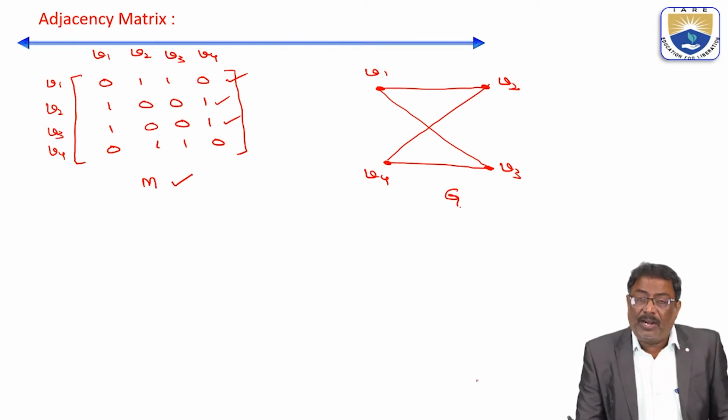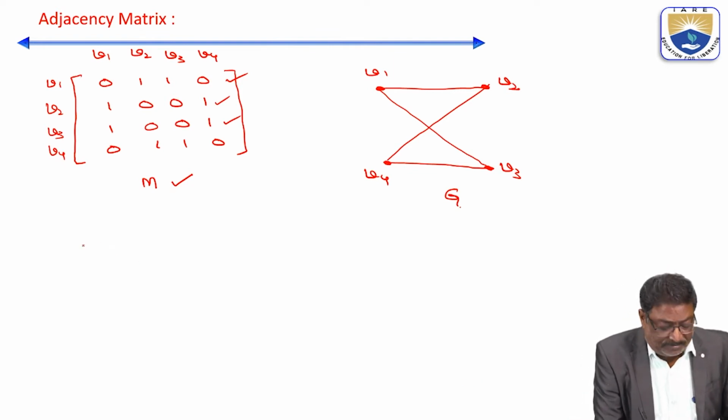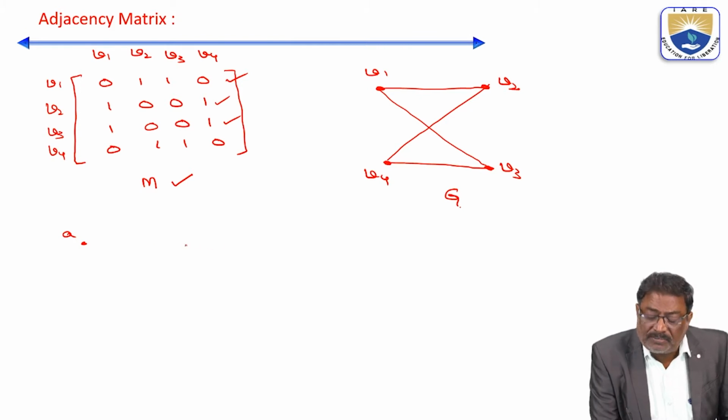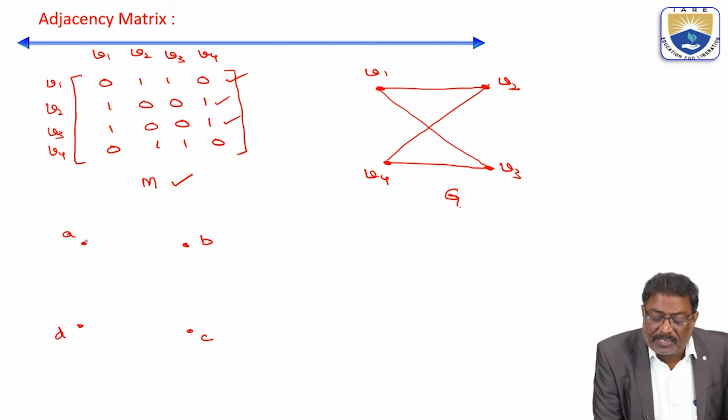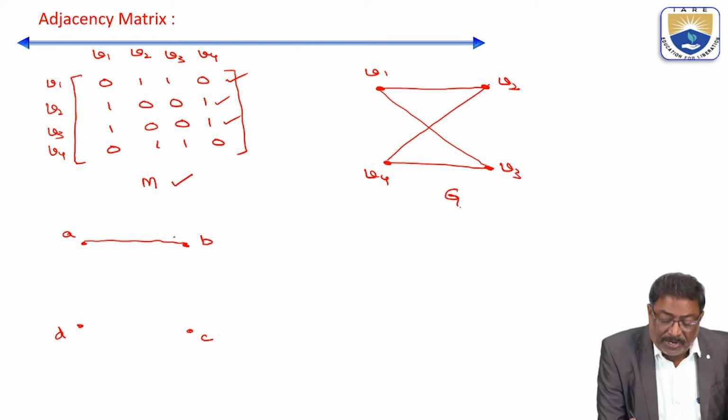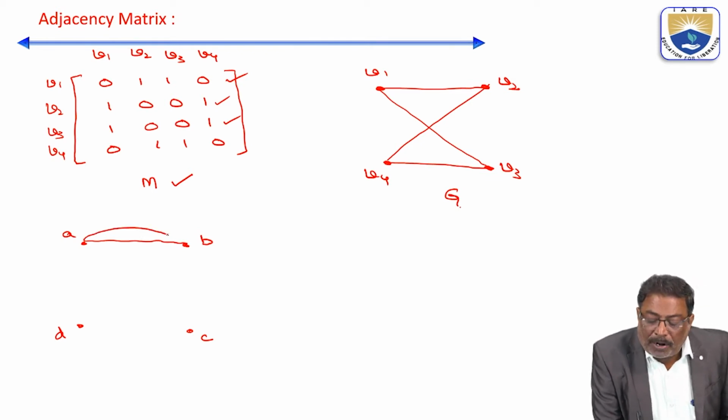Now let us go for another pseudograph. Let us say the vertices are A, B, C and D. It has multiple edges as well as self loops.